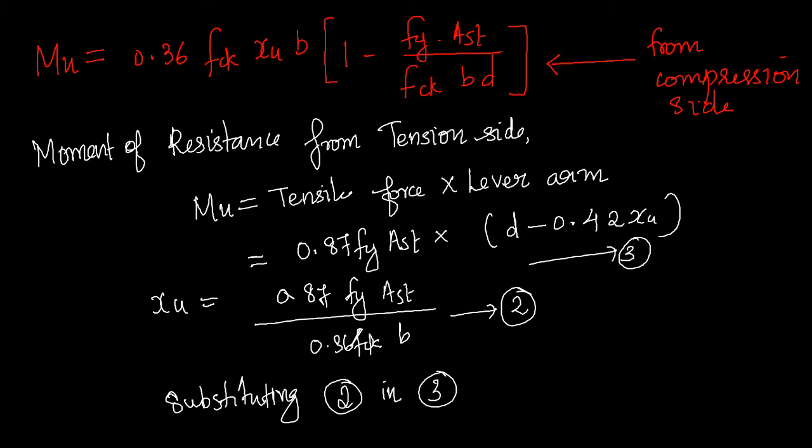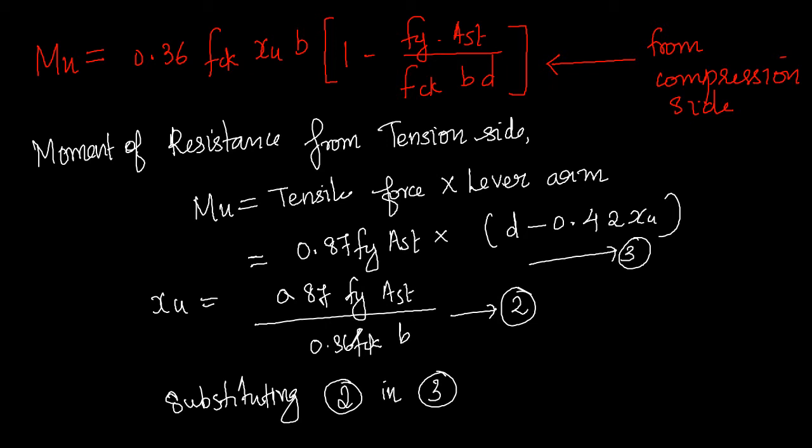Tensile force is already derived as 0.87 Fy AST. Then lever arm distance is known, d minus 0.42 XU. Clear? Lever arm distance Z is equal to d minus 0.42 XU. Tensile force times lever arm, let it be equation number 3.